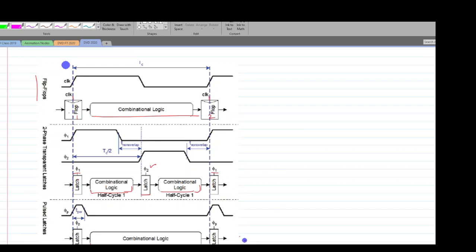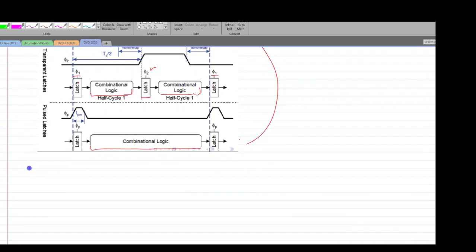The system is almost identical to the flip-flop based system. So now let me focus on the timing parameters. Right now you are much more familiar with the terminologies, and now let me focus on the timing parameters.